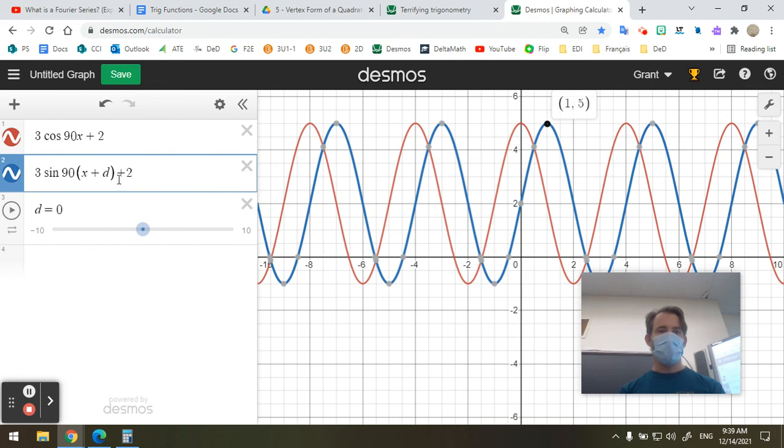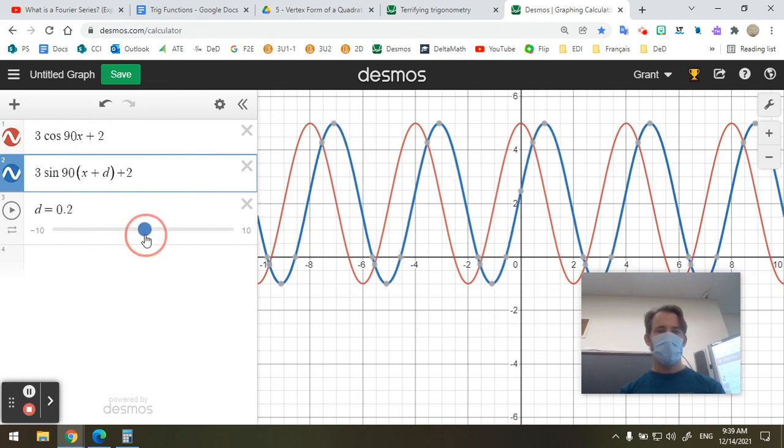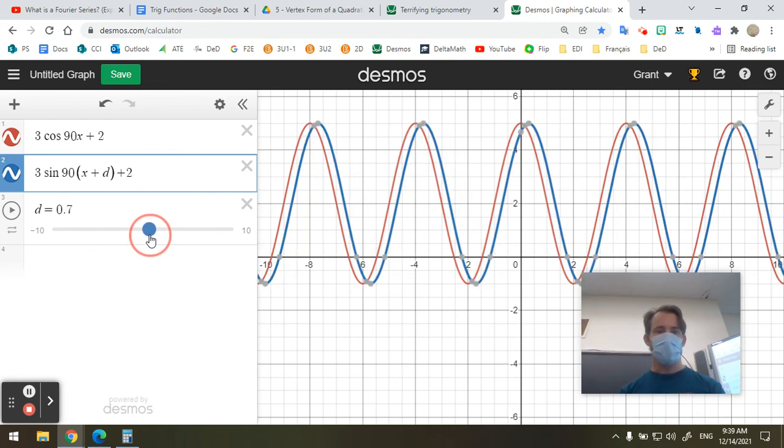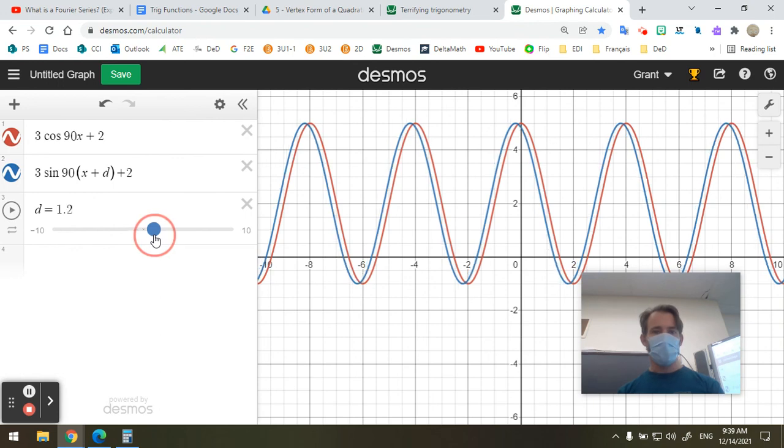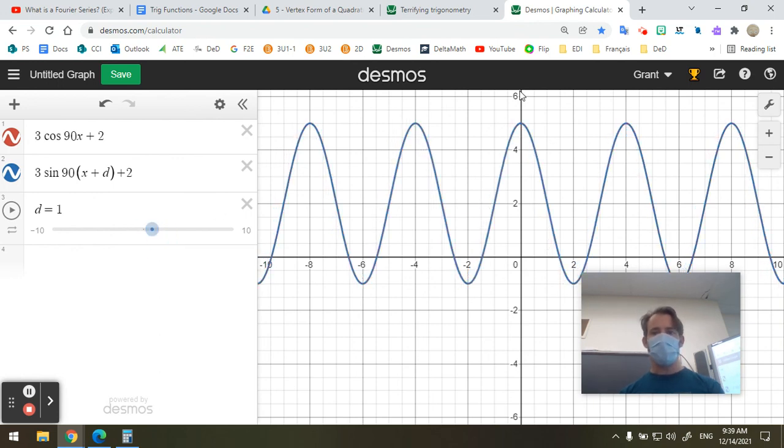So I put that inside the bracket there. Adding 1 to it actually shifts it in the negative direction. It's a weird sign flipper, so we want to make sure that we remember this one is counterintuitive. And so there it goes, and it hits that curve, that's our desired curve. So that's the sine function that would match that curve that we wanted to create.